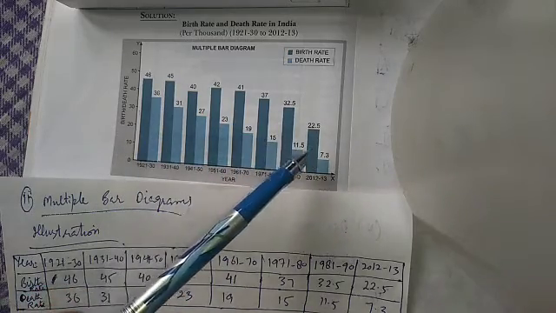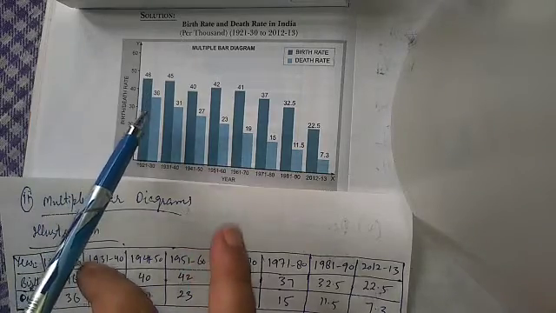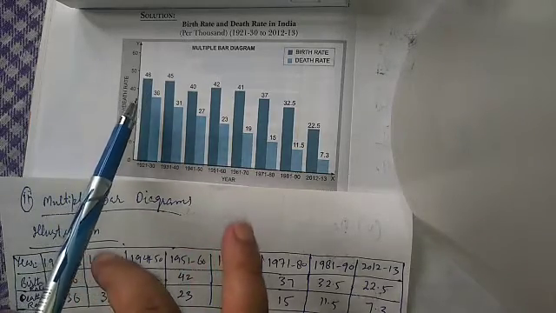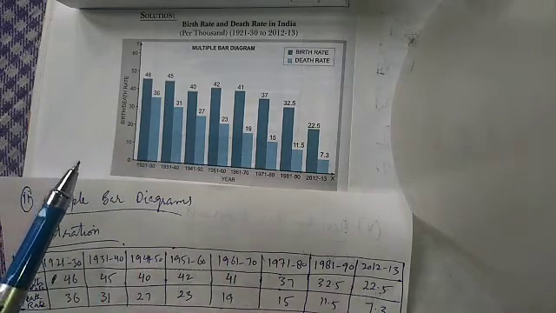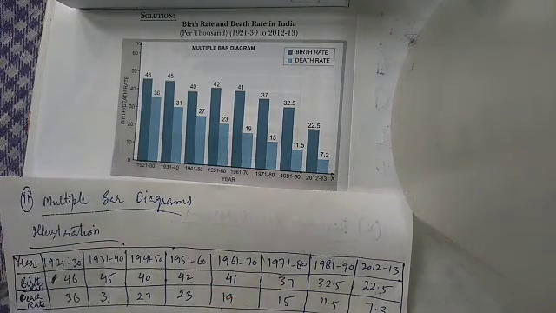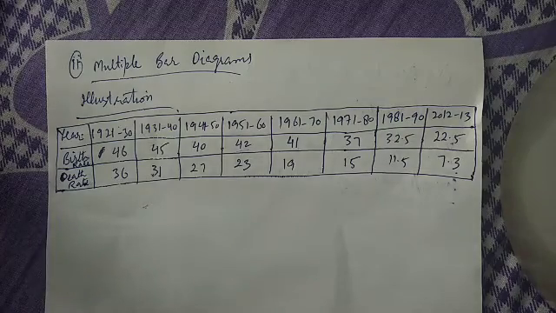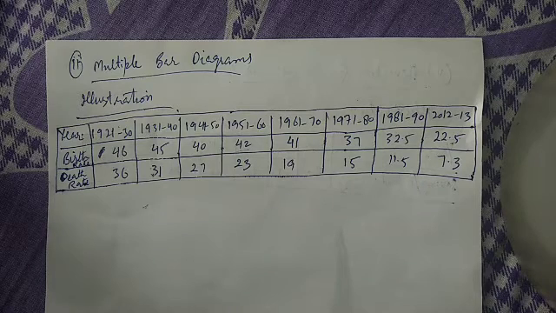So these multiple bars show birth rate and death rate, right? So this is called the multiple bar diagram. So multiple bar diagrams are those diagrams which show two or more sets of data simultaneously, and these diagrams are used to make comparison between two sets of series.